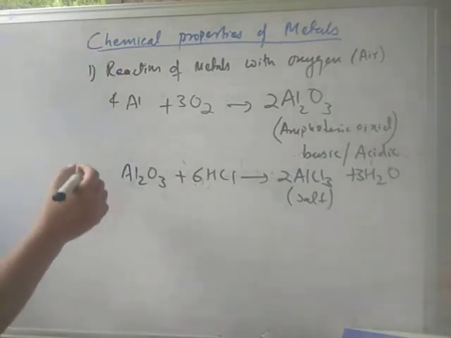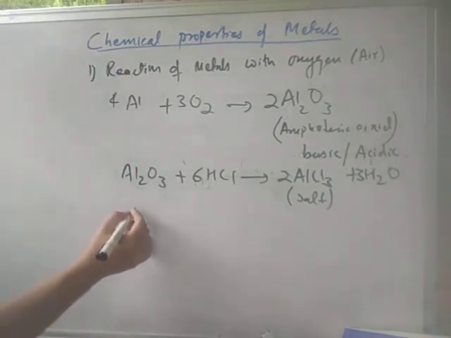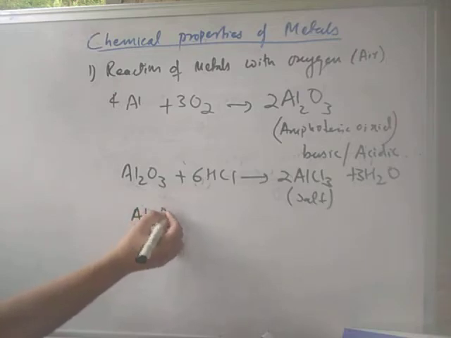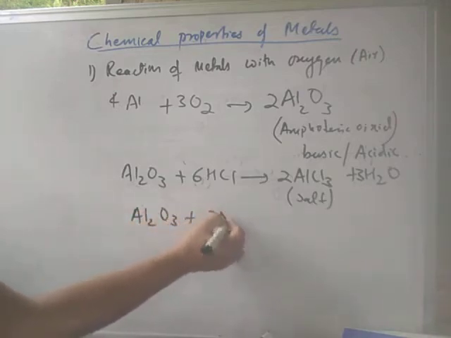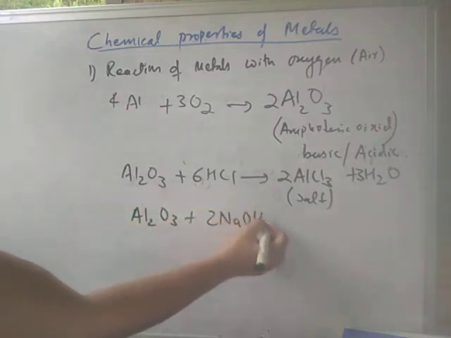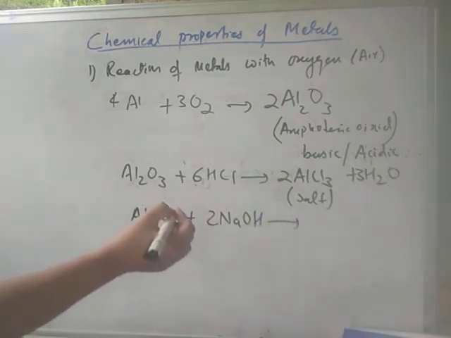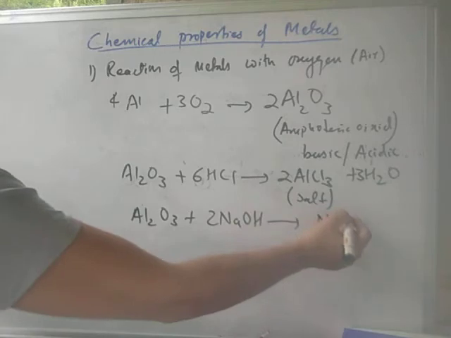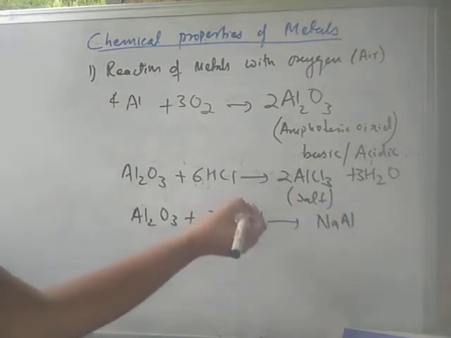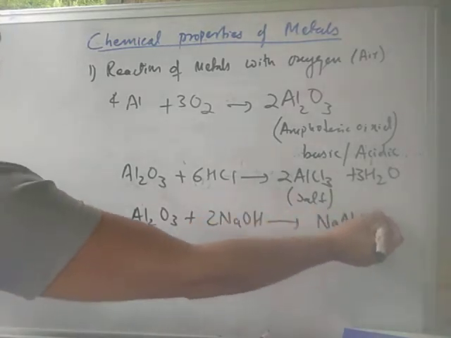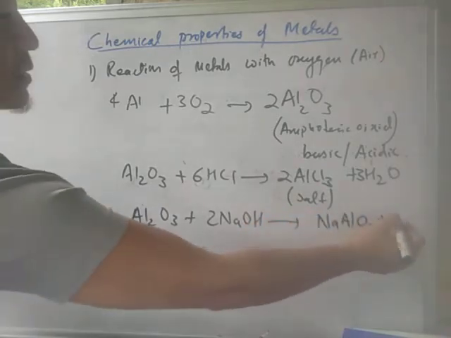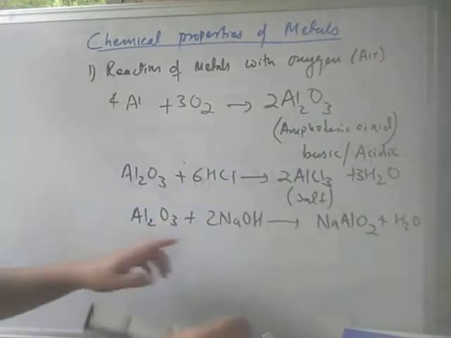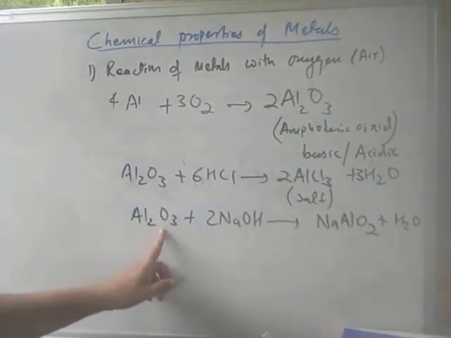Again, if you see this reaction, Al2O3 plus 2NaOH again gives salt, NaAlO2, plus water. Here NaOH is a base and the oxide reacts as an acid.